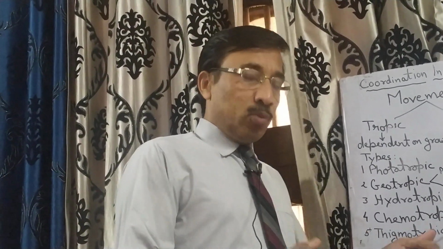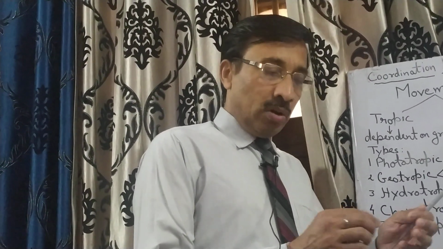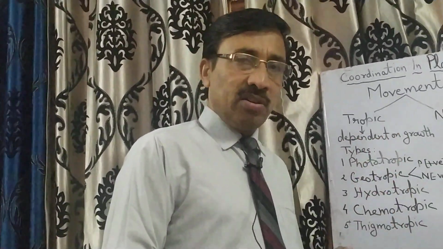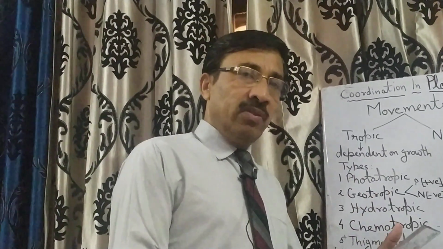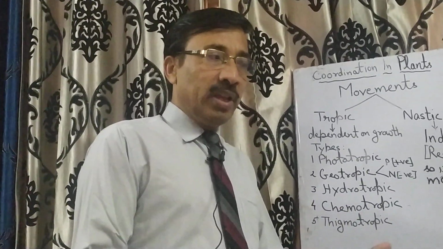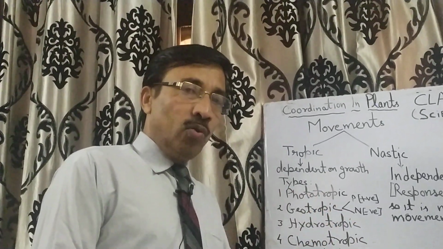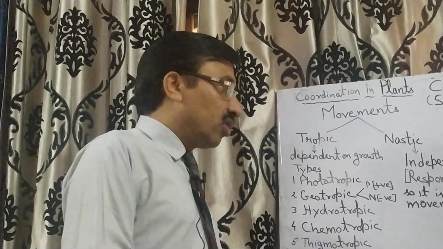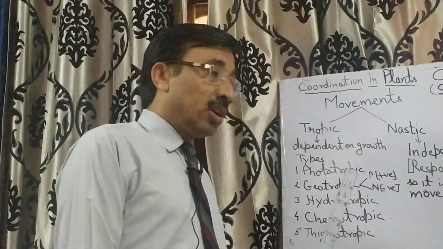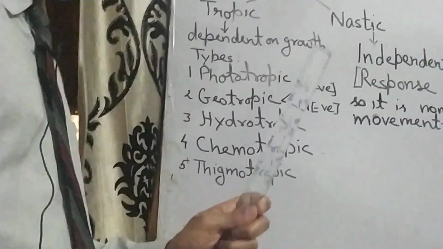If you take a sieve, put a little sand in it, sprinkle some seeds over the sand, and spray a little water as well. Now keep that sieve on any tub filled with water. After a few days you will observe that the roots automatically move towards water. This is the movement of the roots towards water, and this type of movement is called hydrotropic movement, or the phenomenon is called hydrotropism.